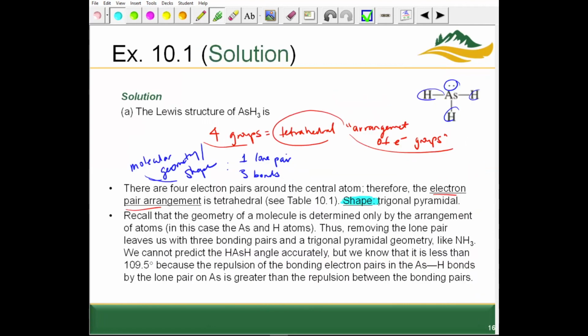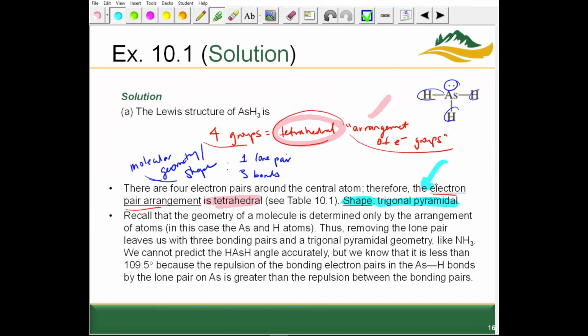Its arrangement of electron pairs or groups is still considered tetrahedral. So tetrahedral for the arrangement of electron pairs, and for its shape, though specifically, it is trigonal pyramidal.